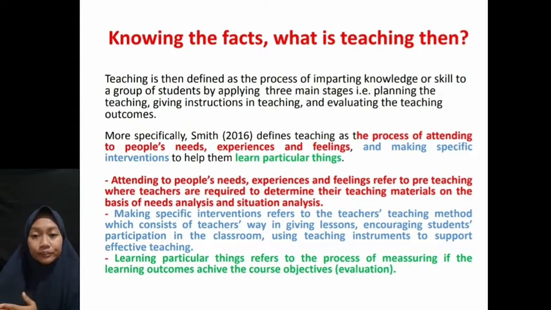effective teaching. And then, learning particular things refers to the process of measuring whether the learning outcomes achieve the course objectives, or evaluation.